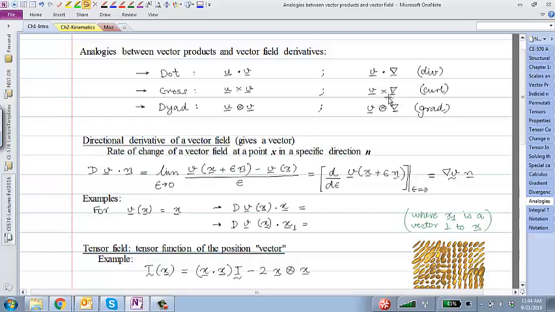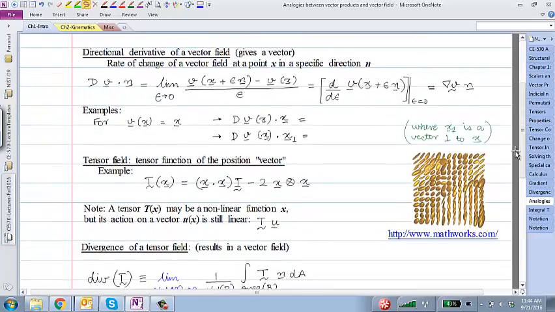V cross grad, cross product, gives me curl, which is a vector field. V dyad grad gives me a tensor field. So you can see a very nice analogy between the vector products and its 3 types of derivatives that we've talked about. An easy way to remember what you get when we take a div or a curl or a grad of a vector field, okay?